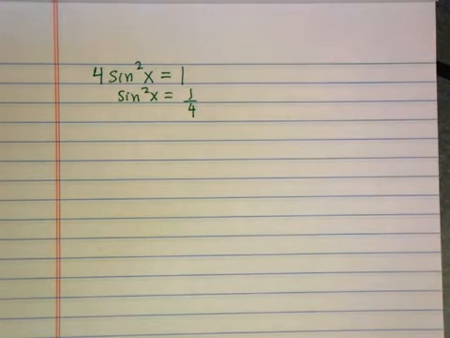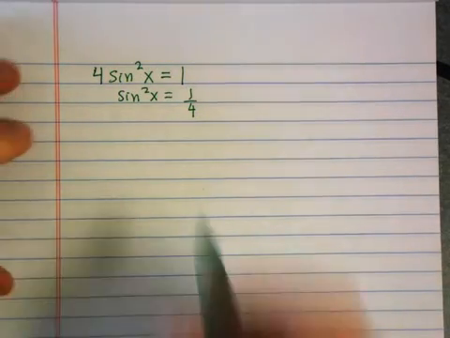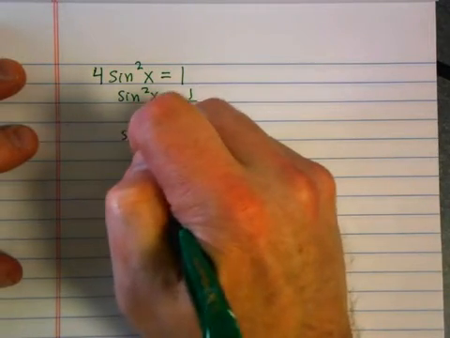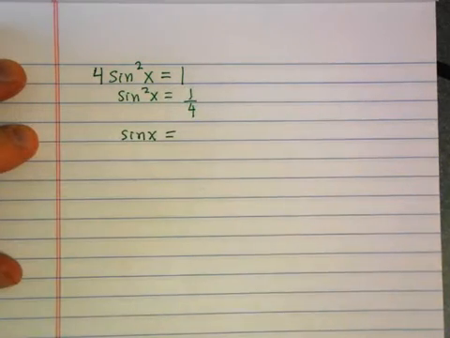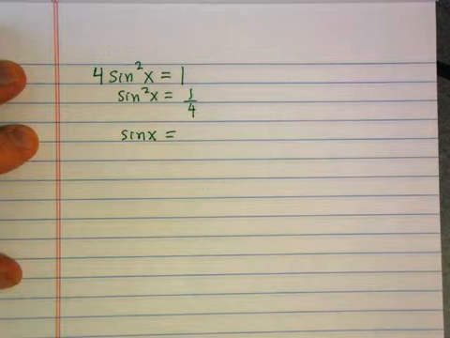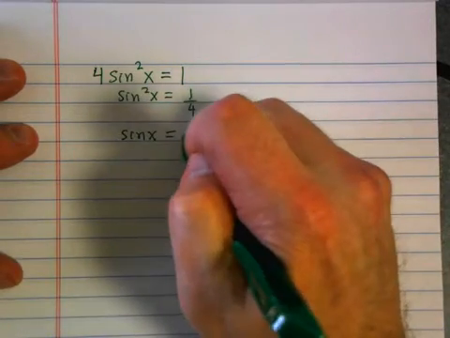Next. Square root of both sides. So sine of x is plus or minus 1/2.